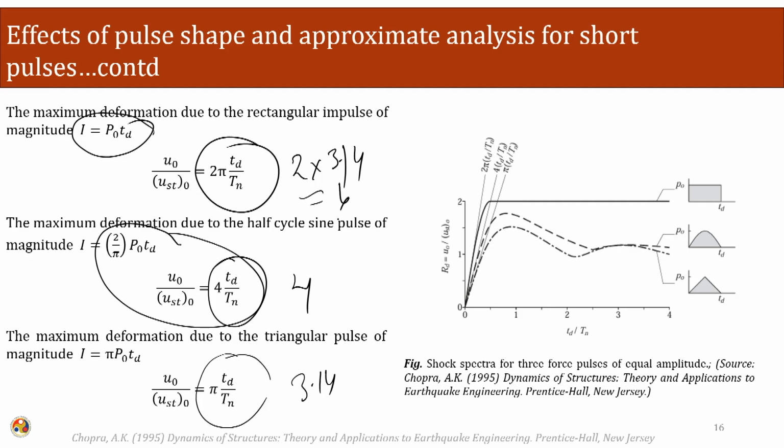So this is approximately 6, 4 and 3, the increasing order of magnitude. So here also, if we go by this range, we can see an increasing order of magnitude.